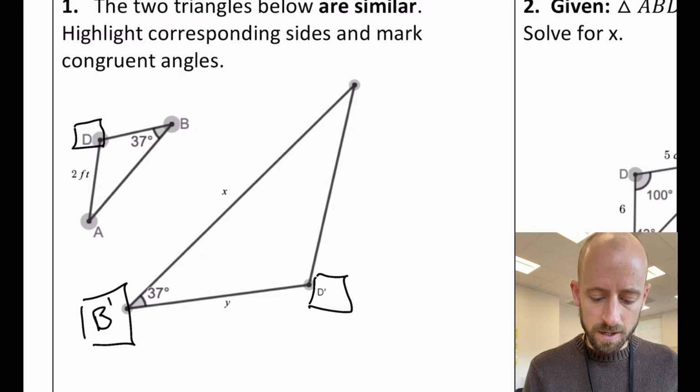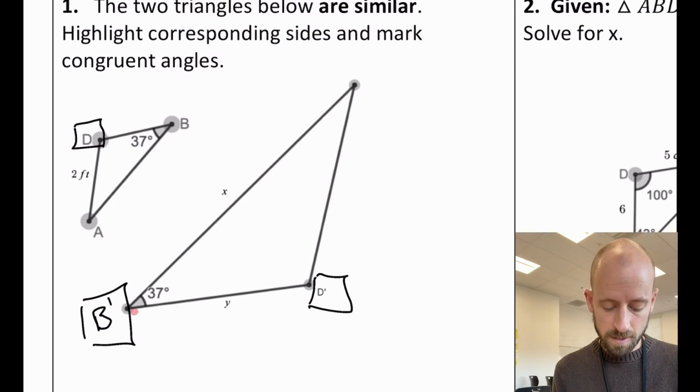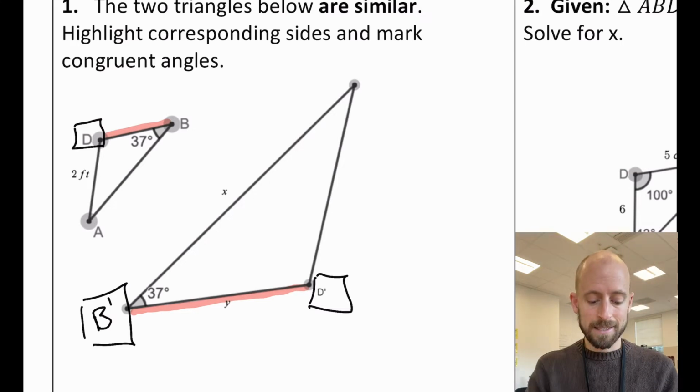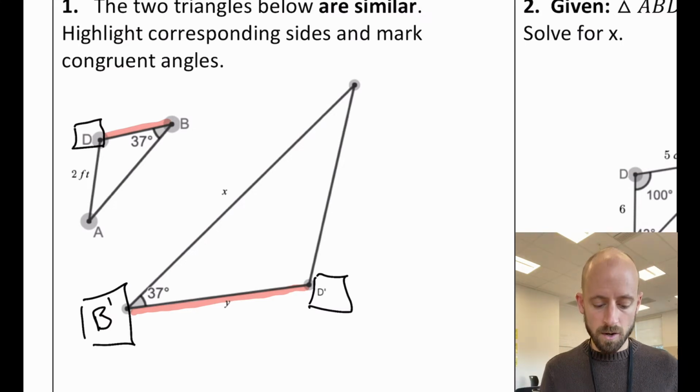And now I'm going to use my highlighter here, and I recommend doing this with colored pencils. I know that this side here on the big triangle must correspond to that side there, okay? I know that those 2 correspond just from those clues.